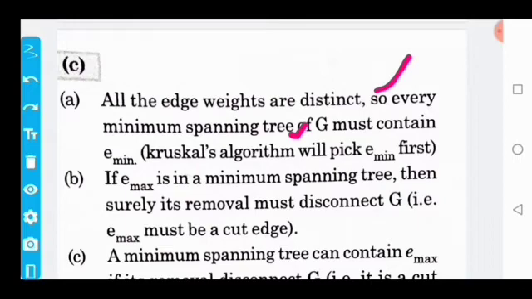Option B: if E max is in the minimum spanning tree, then surely its removal must disconnect G, that is, E max must be a cut edge.